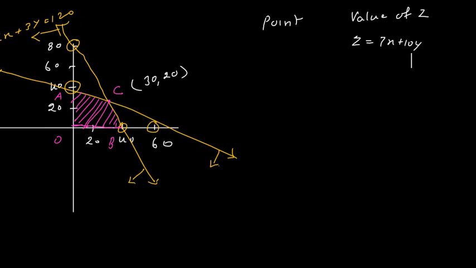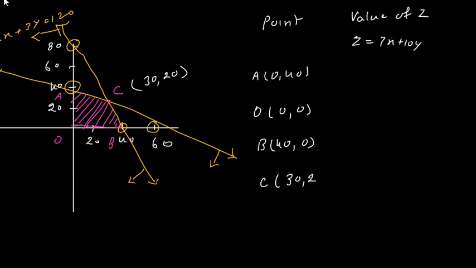Here the points are, we have point A which is 0, 40. I have point O which is 0, 0. I have point B which is 40, 0, and I have point C which is 30, 20.